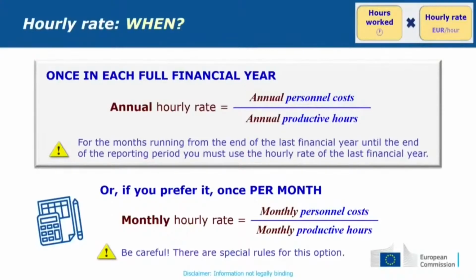You will have to use, for these last months of the ongoing financial year, the hourly rate of the previous full financial year, your last closed financial year. So you will not be able to calculate hourly rates for a fraction of a year, which implies that if there is a salary increase at that moment, it's not going to be reflected immediately in the hourly rate. It's going to be for the next reporting period that you will see this hourly rate updated.